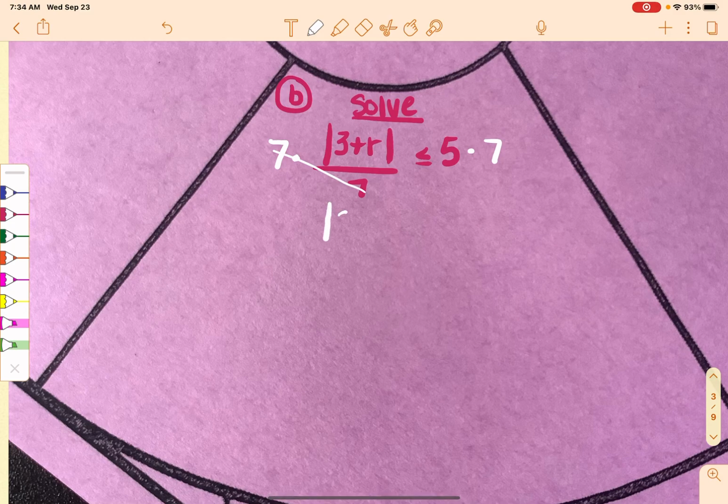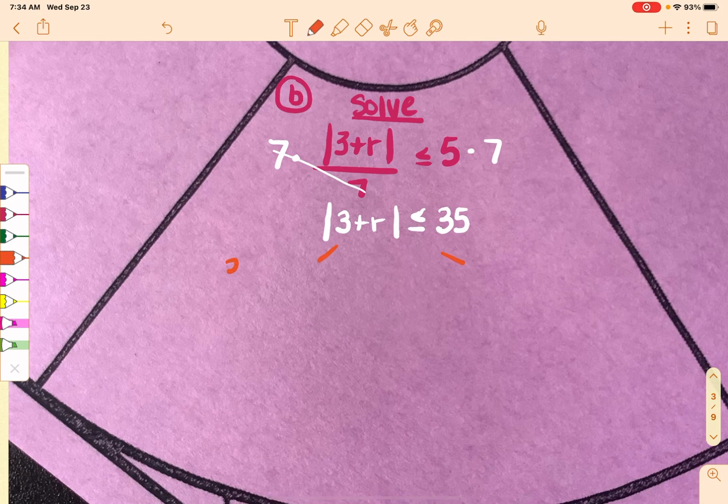So I have the absolute value of 3 plus r is less than or equal to 35. Now, since the absolute value is now by itself on one side, we can start to do our branches.